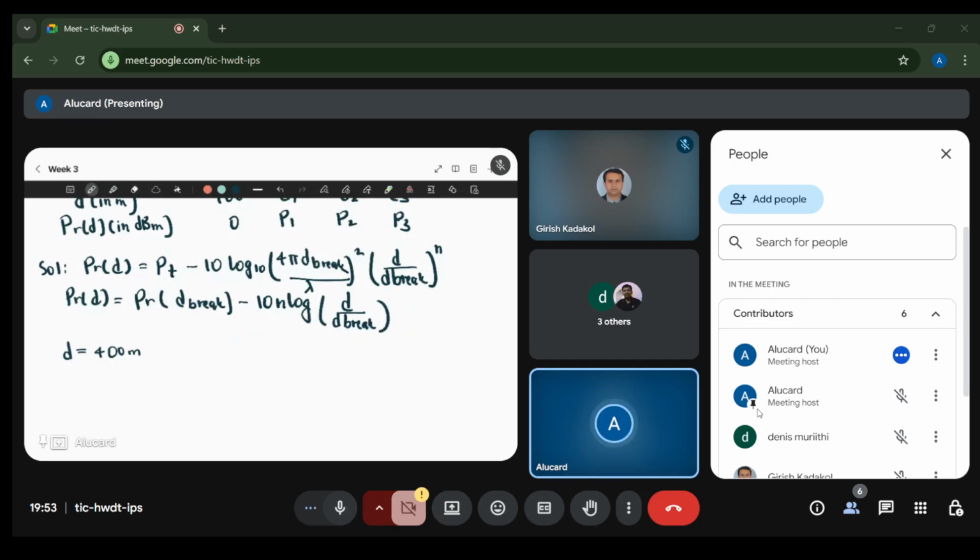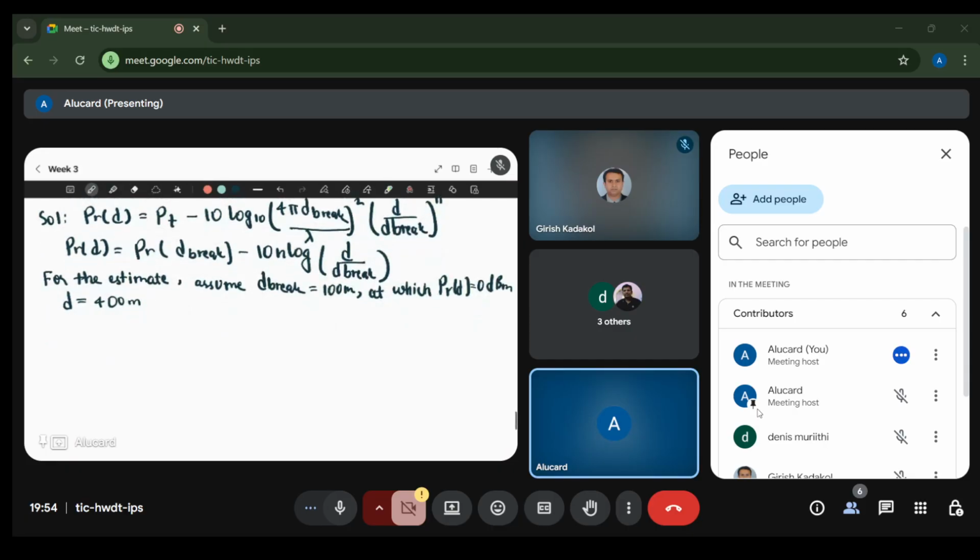So for the estimate, what we'll do is assume D break is 100 meters, at which PR of D is 0 dBm, which is a reasonable estimate.